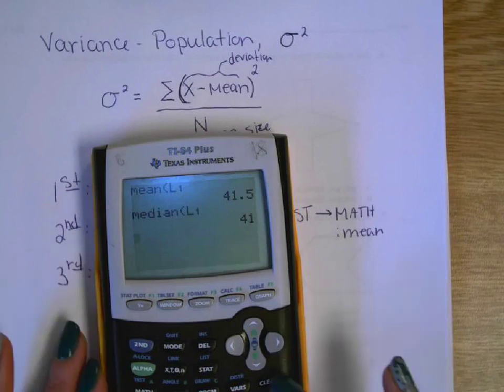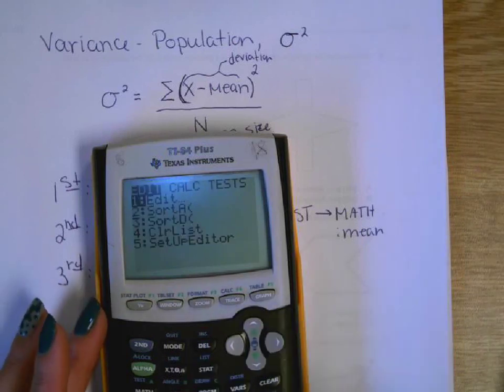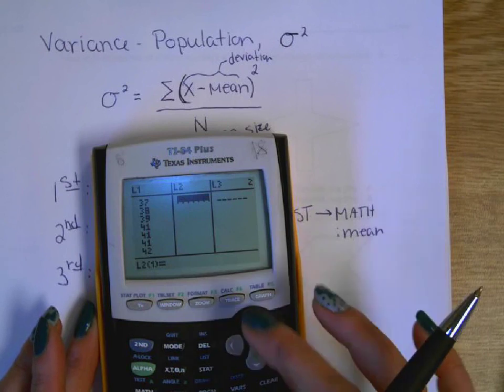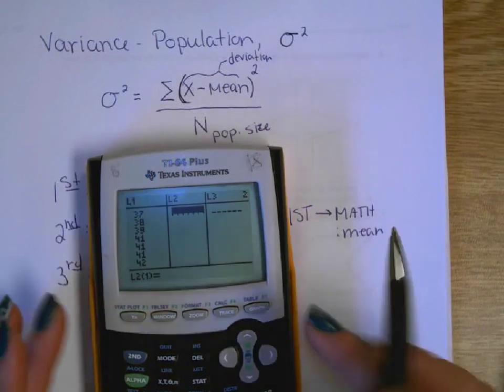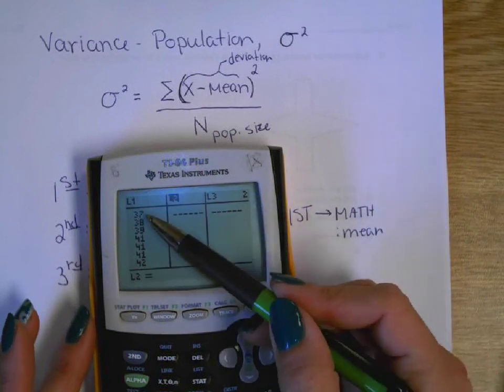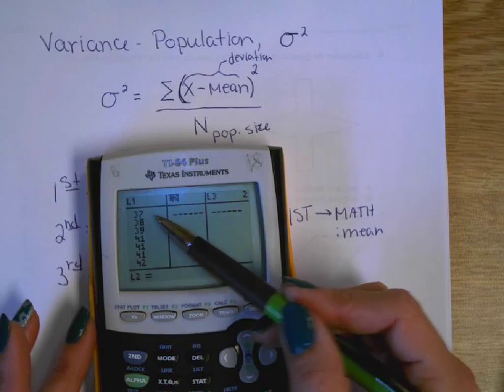So I'm going to quit. Remember, the average we already found was 41.5. So I'm going to go back to my list. Make sure you have list 2 cleared out. Remember, clear, good. So what I can do now is go all the way to the top. I'm going to tell the calculator to take all of these x values and then subtract 41.5 from them.